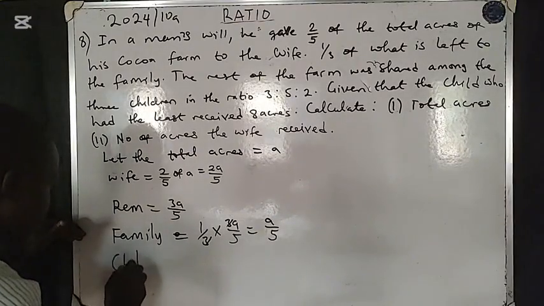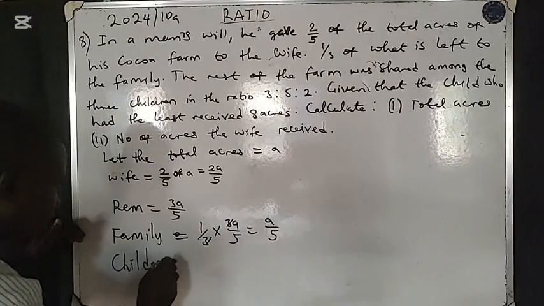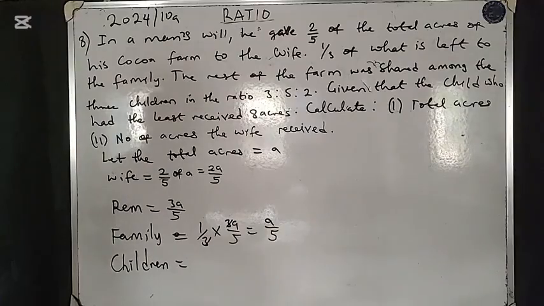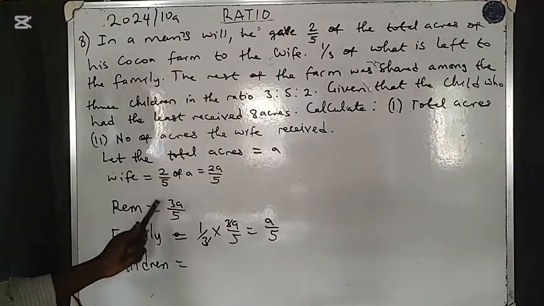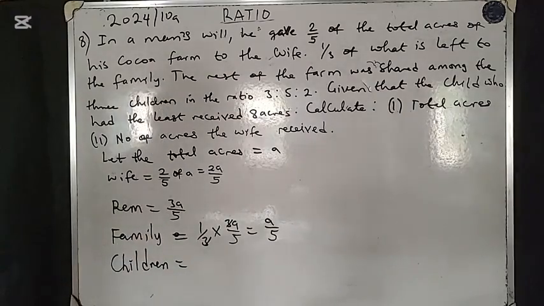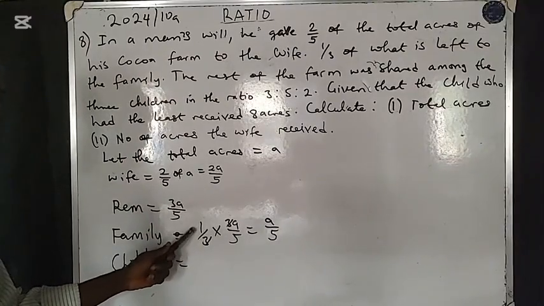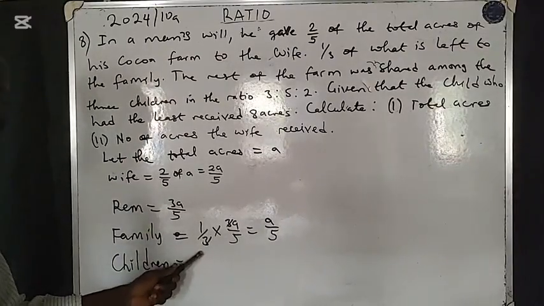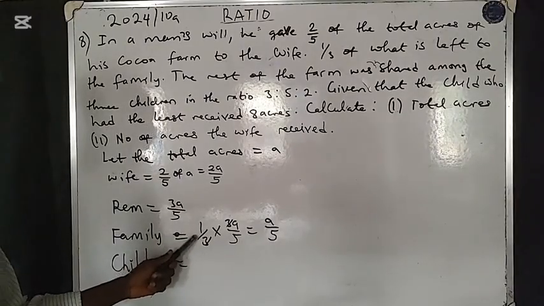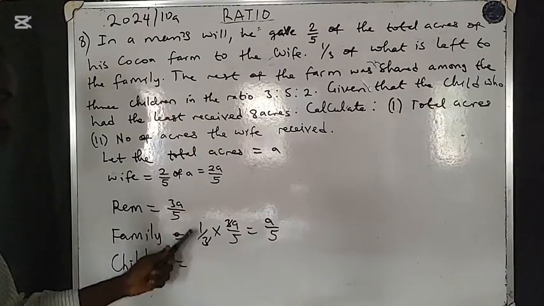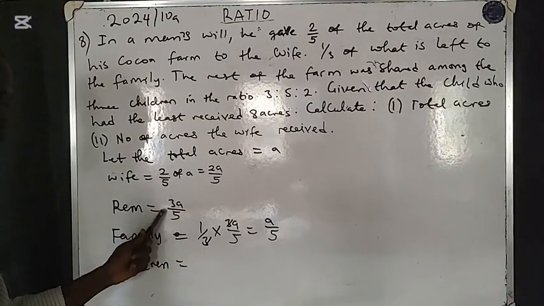Now, the children. Let's first find the fraction of the children. The 3 children got, now, if it remained this, right? And the family got 1/3 of this. 1/3 is gone, right? Out of 1/3, how many fractions is going to remain? 2/3. 2/3 of this one is the one that will remain.